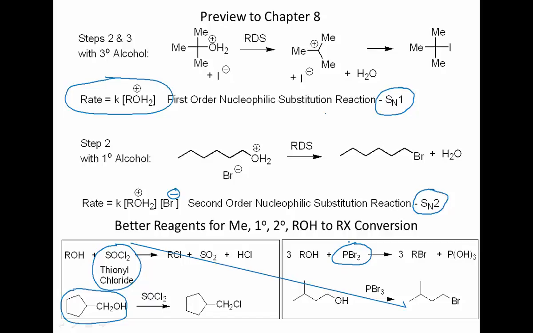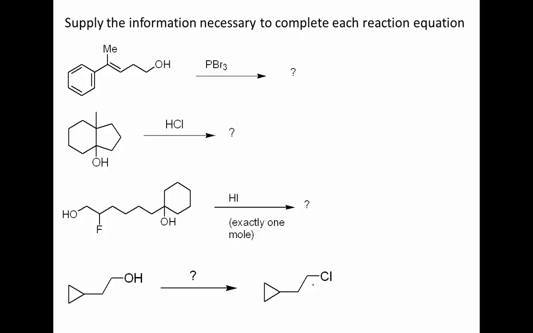So the stoichiometry involves 3 alcohols and 1 PBr3. So in this bottom equation, if we take this alcohol and treat it with PBr3, we just expect to replace OH with Br and generate the product over there to the right.